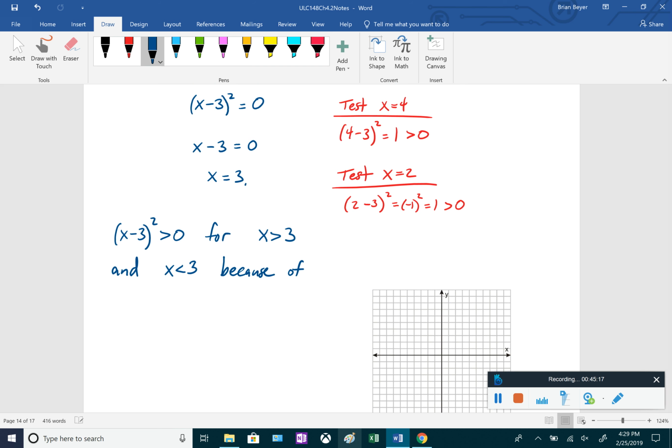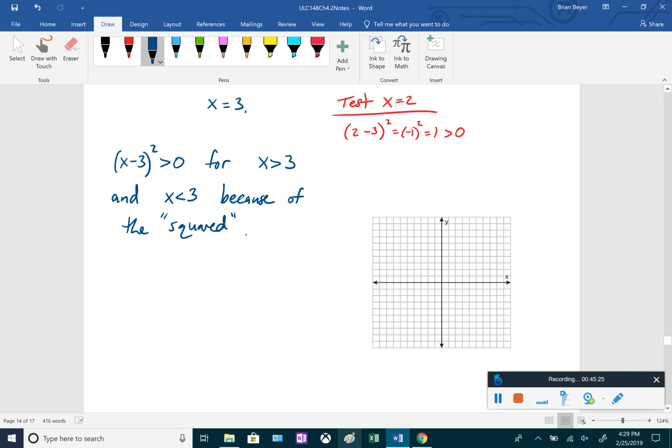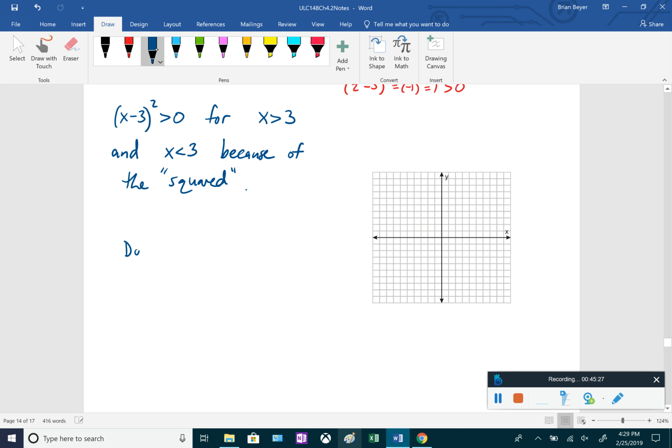So I'll put here, it's also that second interval of x less than 3 because of the squared. So the domain, the actual answer here, is going to be negative infinity to positive 3, union 3 to infinity. So what that means is it's just everything except for 3.